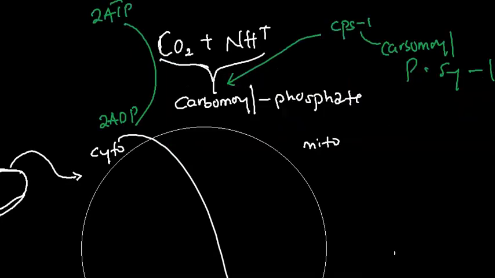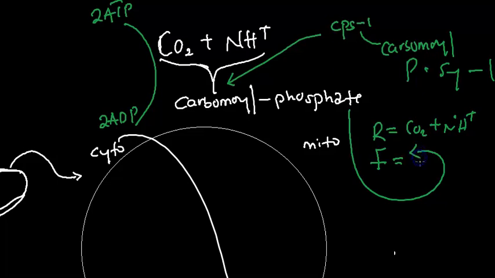Now we've come to an end of the first step. Notice that for every reaction, we have reactants and final products. The reactants of the first step are CO2, which is carbon dioxide, and ammonium ions, while the final product is carbamoyl phosphate. Notice that still in the mitochondria, ornithine is present there waiting for us to continue the process.